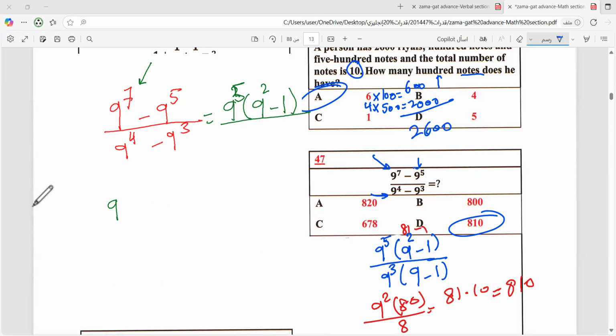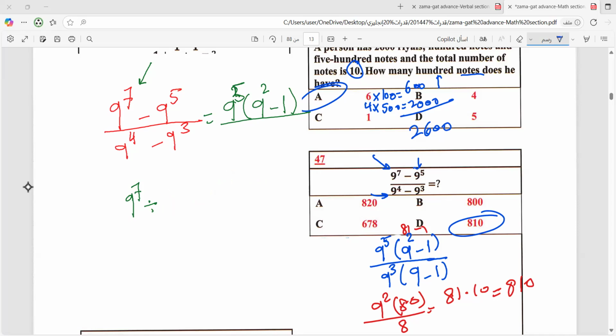Again, now it's 9 to the power 7, we take 9 to the power 5. That means you divide, then you subtract the exponents, so it will be 9 to the power 2. Clear now?